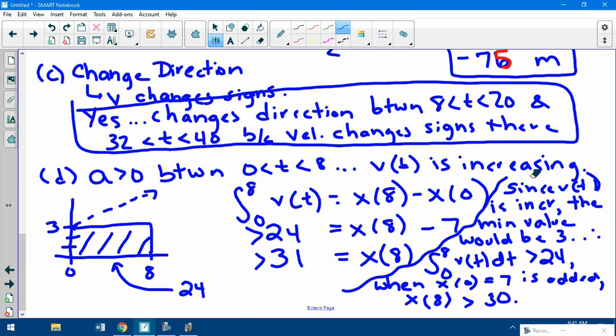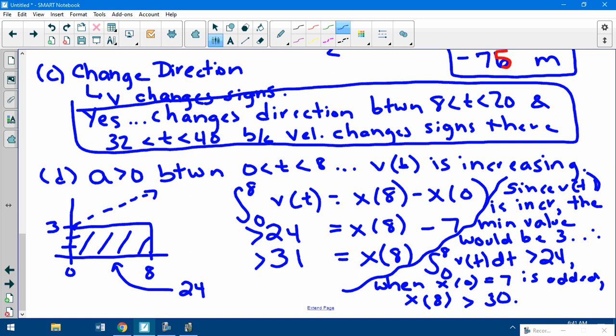So when it says explain, talk about your work, talk about what you're doing. That's all I did. You don't need to be a math teacher to write this. Since it's increasing, the minimum value would be 3, which is what I talked about here. Therefore, the integral is bigger than 24. And when you add that position at 0, it's got to be bigger than 30. Okay.